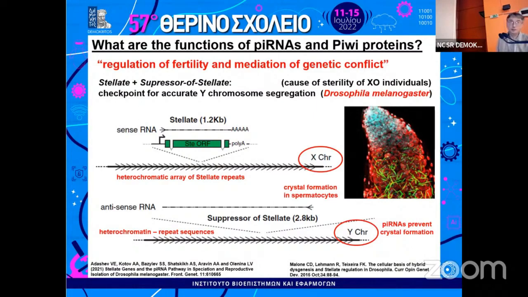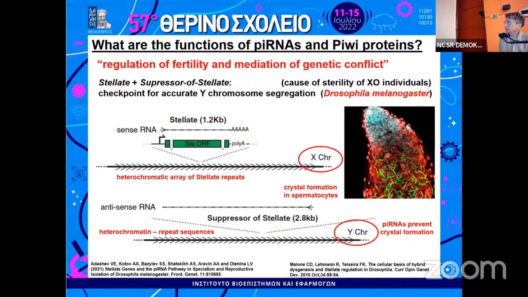In the testis, when this is unchecked, it results in very high protein expression, and it forms crystals in the spermatogenic lineage. Because of the high expression of these proteins, the spermatocytes will die, and so you will get sterility.